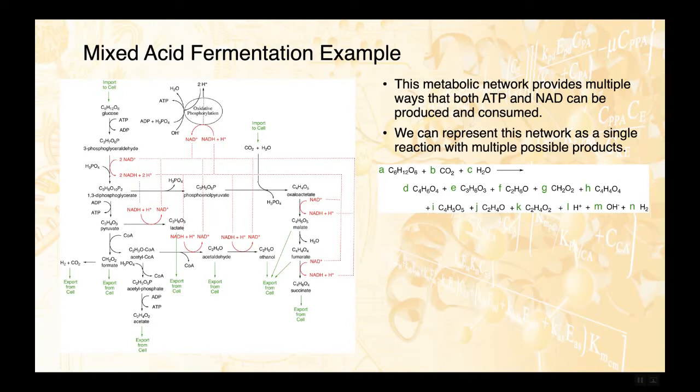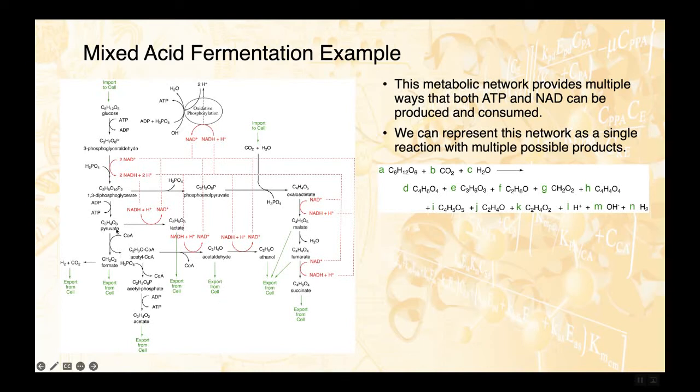It doesn't just go on to one other reaction. It can go to phosphoenolpyruvate and on to oxaloacetate, and that can go on to malate, fumarate, and succinate, the succinate being exported from the cell. Malate, fumarate, and ethanol can also all be exported from the cell.